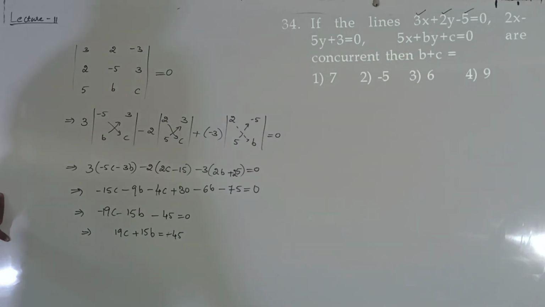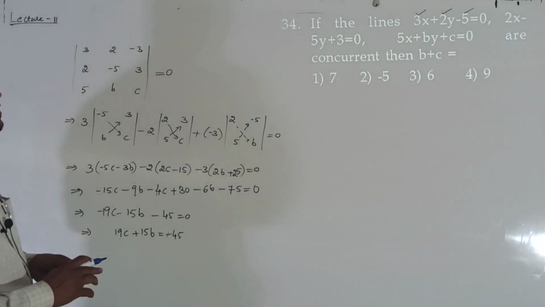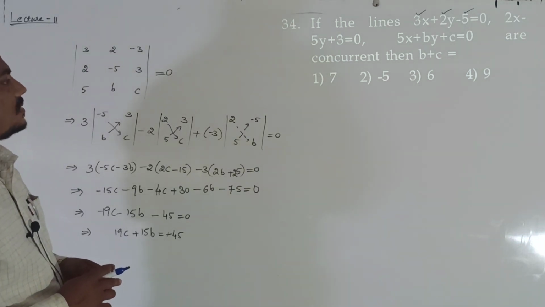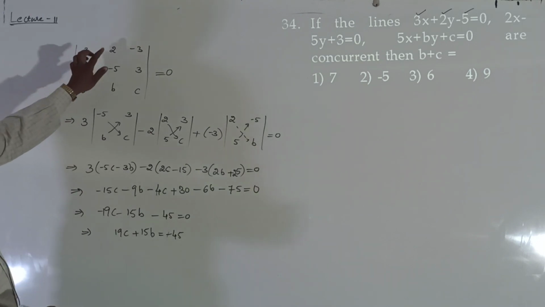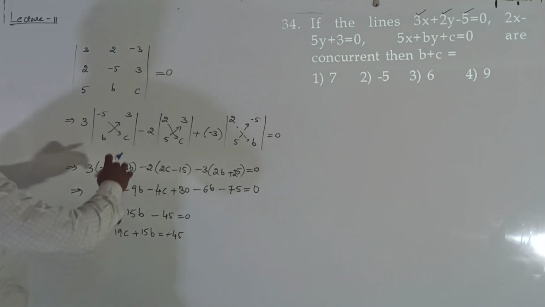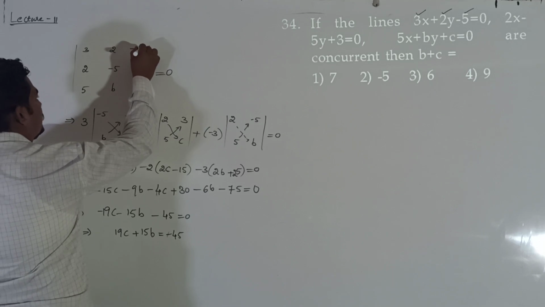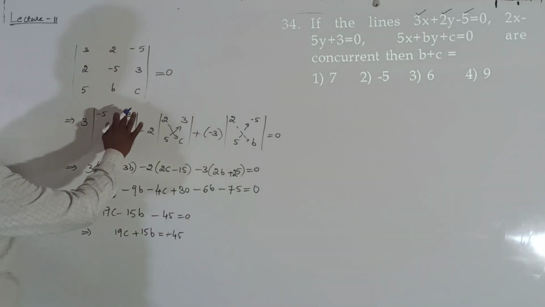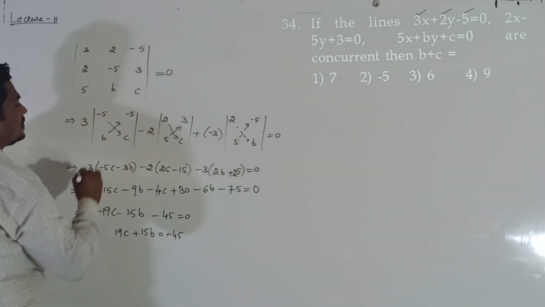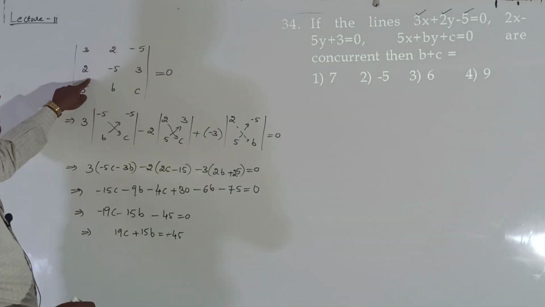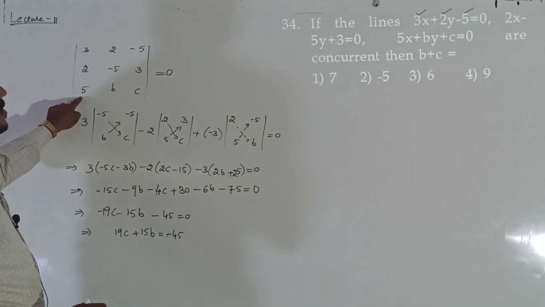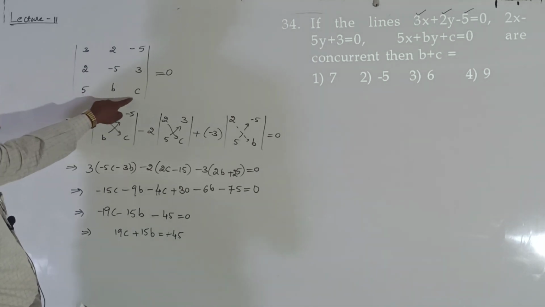But our requirement is b plus c. In the expansion that they have given, 3, 2, minus 5, sorry, this is minus 5, then 2, minus 5, 3, then 5, b, c.